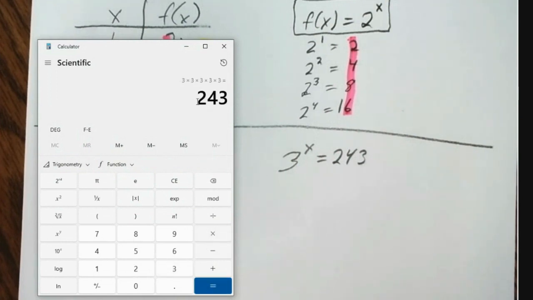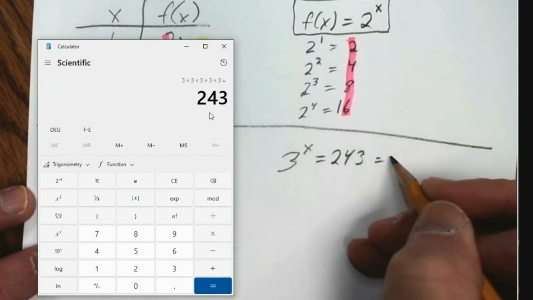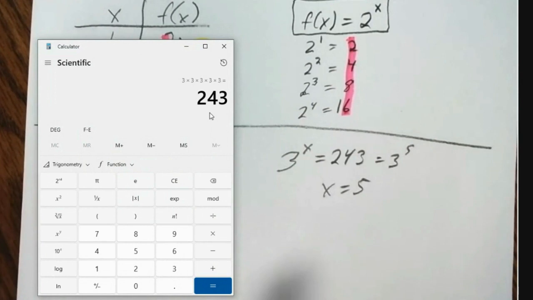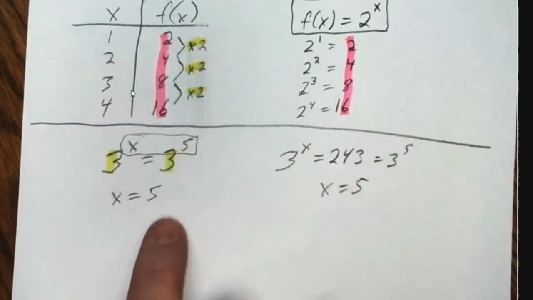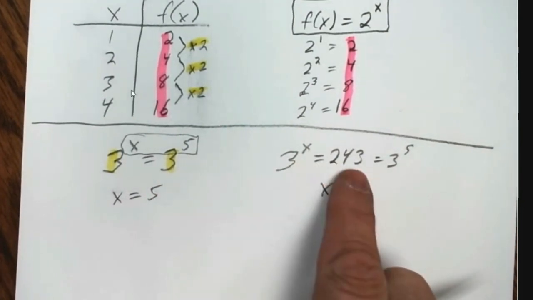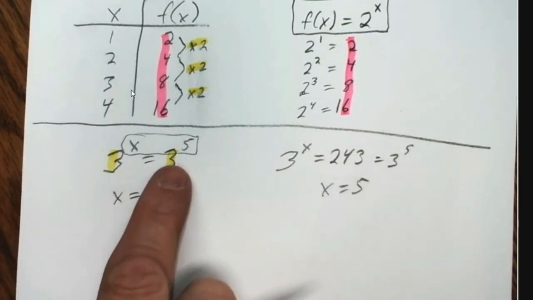Look, 243, if we take 3 five times, that is equal to 3 to the fifth. So x equals 5. But this is hard to see. This is easy to see. So we have to try to get these in the same base number to solve them. Because if we have it where they're both 3s, it's easy to tell what that is.